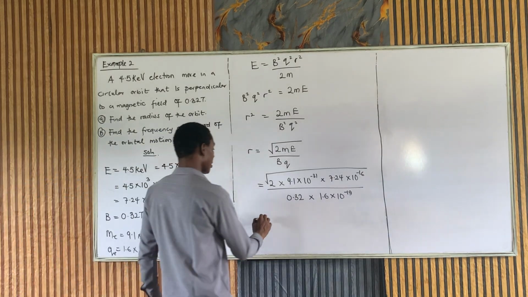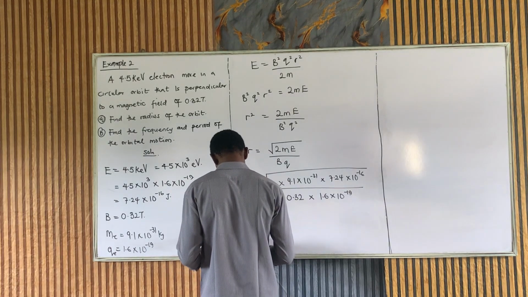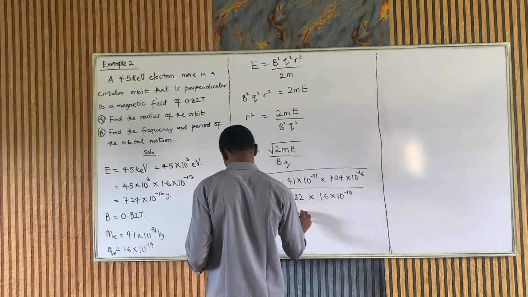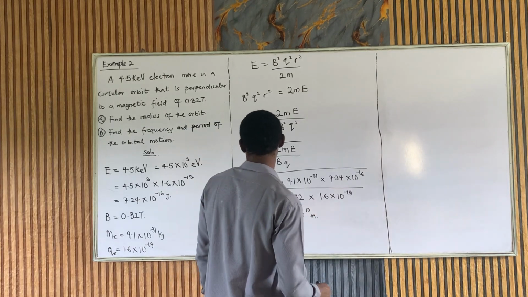So if we do this, we get that the radius here is equal to 6.96 times 10 raised to the power 10 meters. That's for the radius.